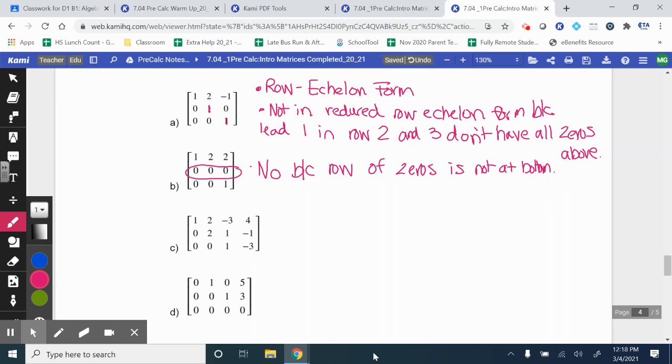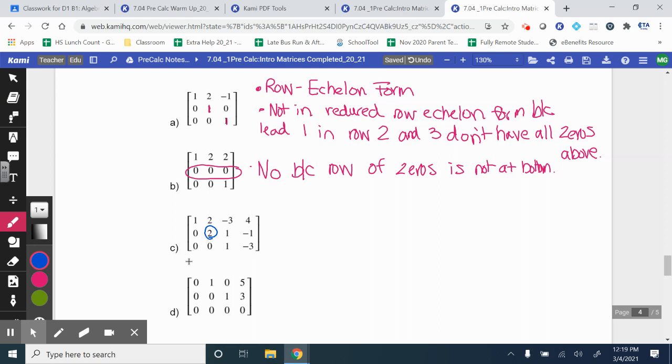Okay, try letter C and D. Pause your video and tell me if letter C and D are in row echelon form and if they're in reduced row echelon form. All right, so here, when we look at letter C, you'll see this 2 right here is the first non-zero entry in row 2. So it's the first number in the row that's not a 0.